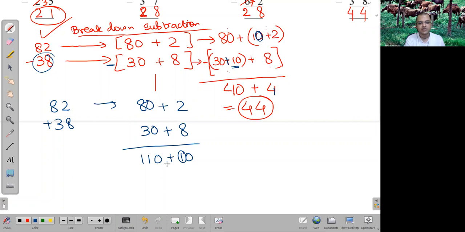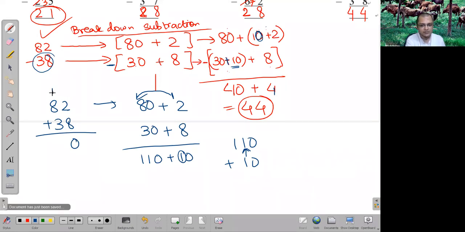Where will you take this one? If I write like this, 110 plus 10, 1 is in the tens place and it is getting added to the tens place or no? That is the reason that carryover we take it to the tens place. If you follow the method like this, 8 plus 2, 10, 1 carried over, we write here 1, right? What is the logic of writing that 1 in the tens place? Because that 1 is actually getting added with the tens place. And the answer is 120.